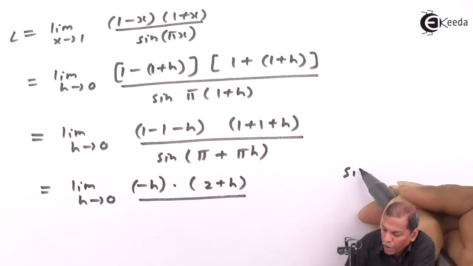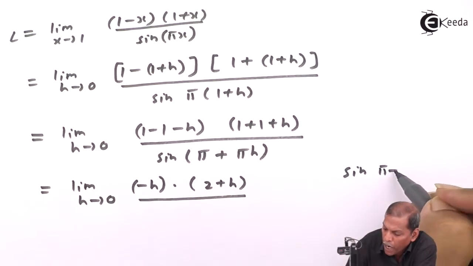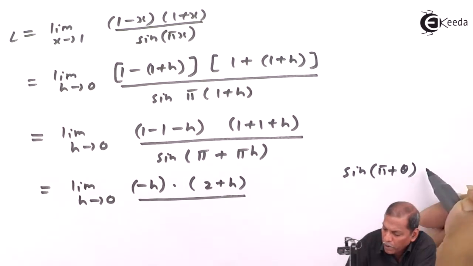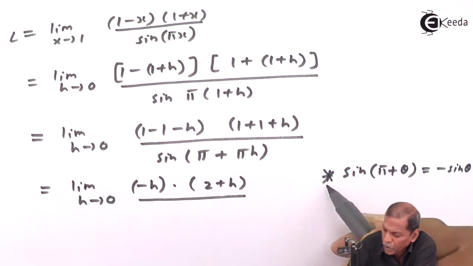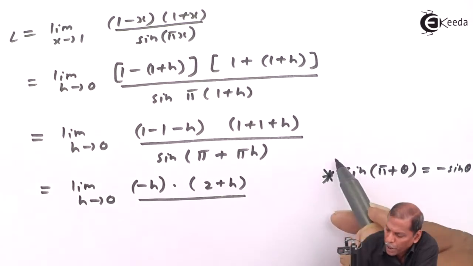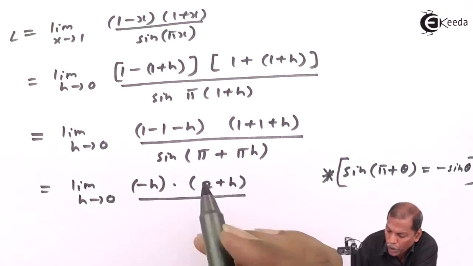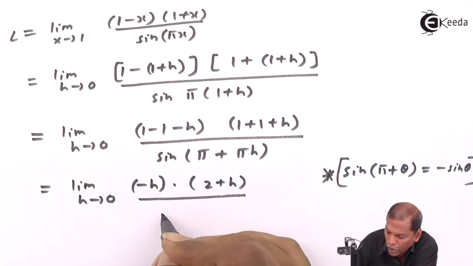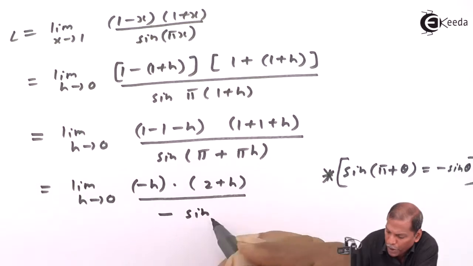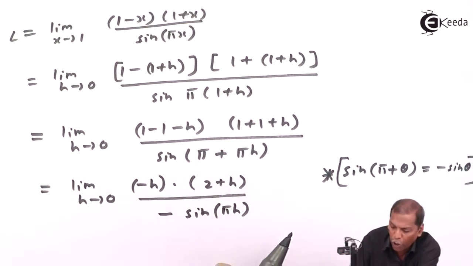In the denominator we use the formula that sine of pi plus theta gives minus sine theta. So by using this formula, here sine in bracket (pi plus pi h) gives minus sine of pi h in the denominator.